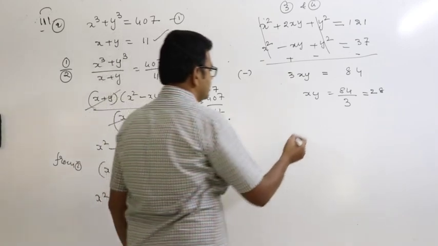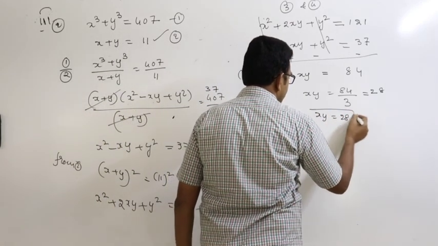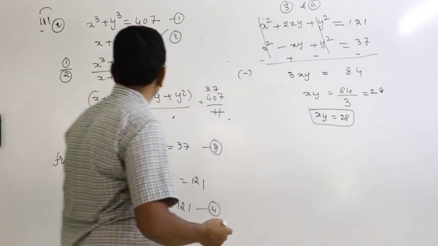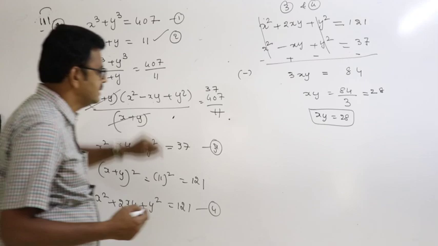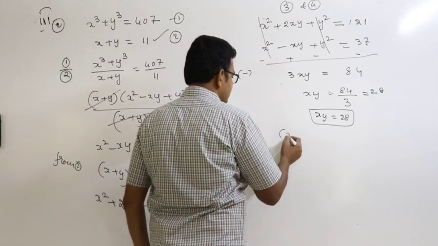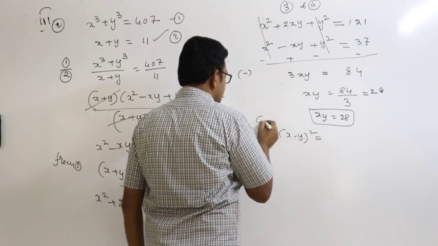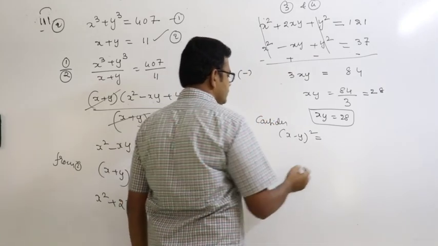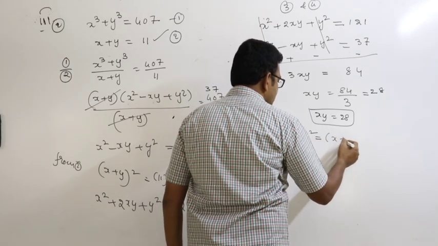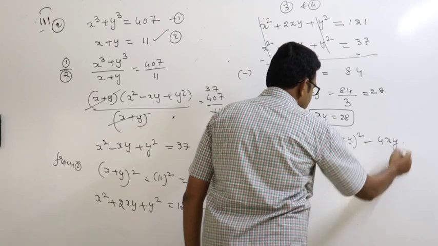So xy is equal to 28. And we are having x plus y is equal to 11. Now consider x minus y whole square, this is x plus y whole square minus 4xy.